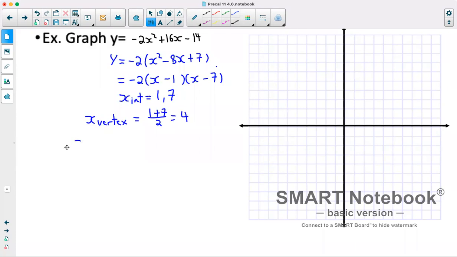We then have our equation of -2x squared plus 16x minus 14.